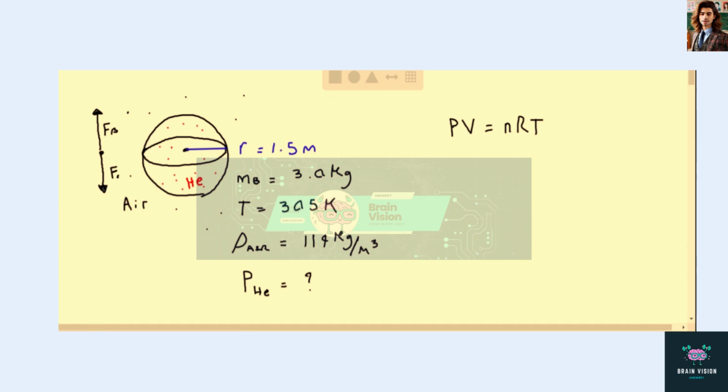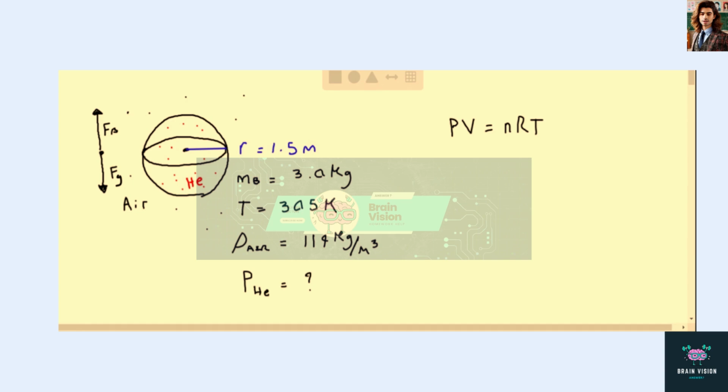So those two things are matched. So let's start with PV equals nRT, and we'll try to solve for what we want, and then we'll see that we need to go to the sum of all forces in order to get more information.